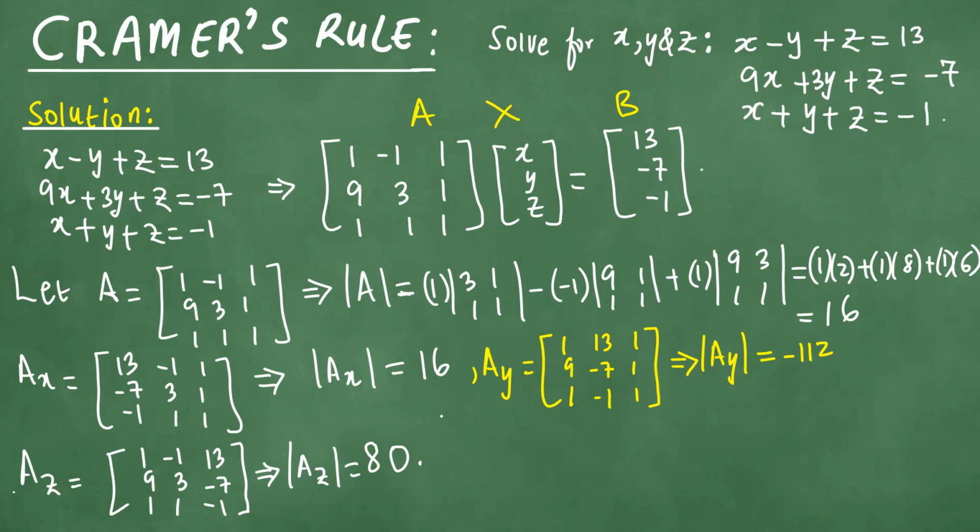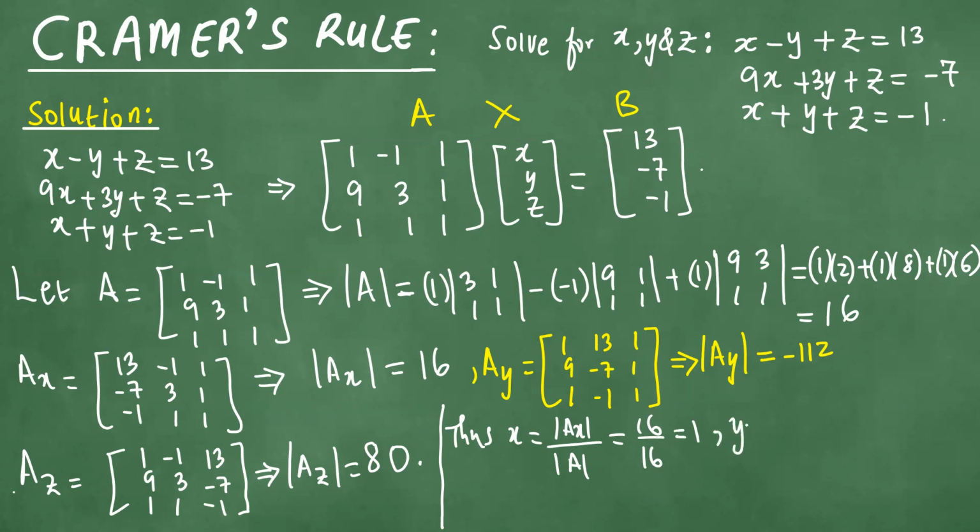It is clear from this that X is the determinant of A sub X divided by the determinant of A. The determinant of A sub X is 16, and the determinant of A is also 16, and the result is 1.